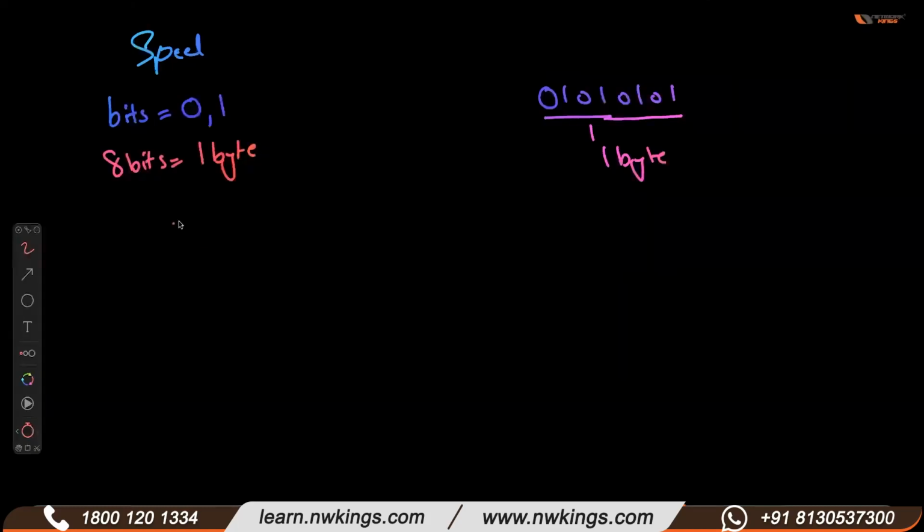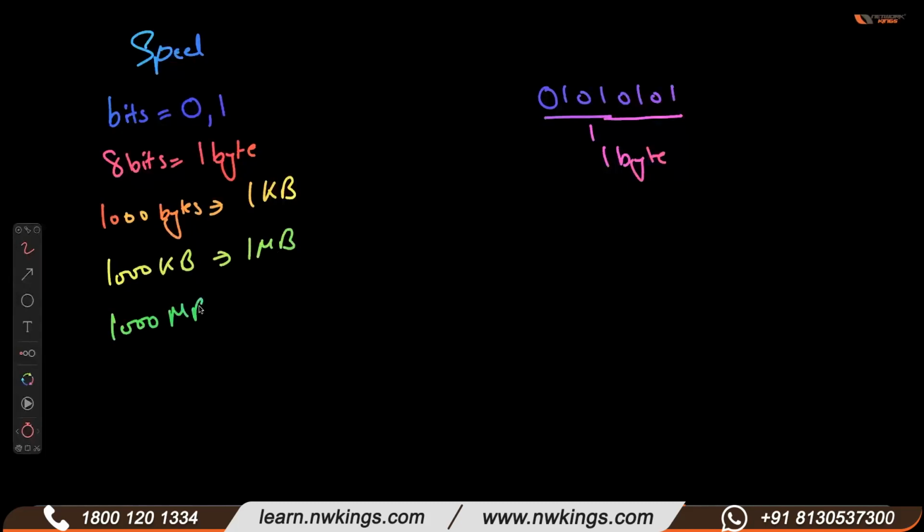Everyone knows now that 1024 bytes is equal to... but we will not say 1024. Let's make it simple. 1000 bytes is called 1 kilobyte. 1000 KB is called 1 MB. 1000 MB, everyone knows, is 1 GB.